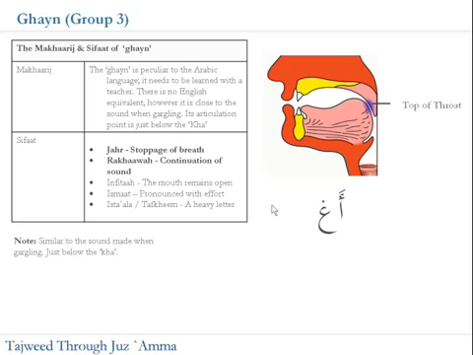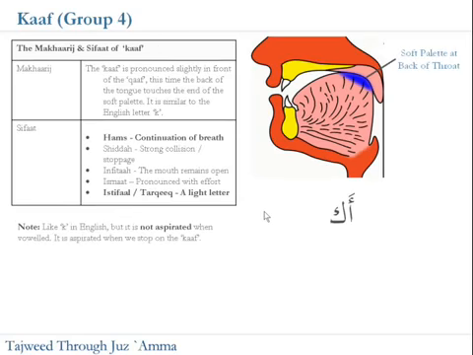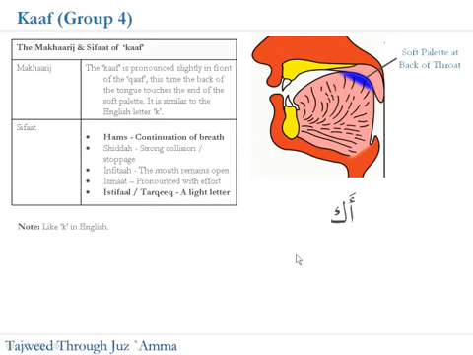Okay, so here we have agh, and voweled it would be gha, ghi, ghu. And the important thing here is try not to do the grinding. So don't go ah, because then it sounds more like the ha. So we say agh. And this is a stoppage of breath, so there's no breath released at the end, but it's a slight continuation of the sound.